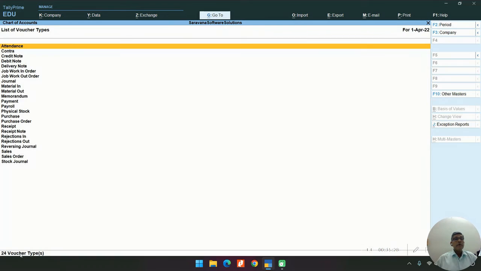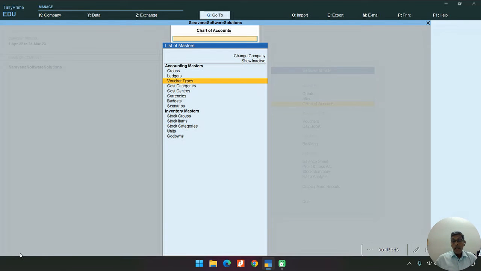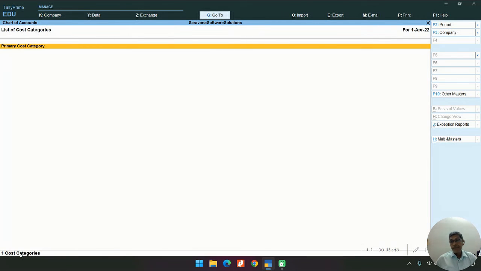Similarly, voucher types. There are 24 voucher types already predefined in Tally. If you want to create your own voucher type, it is possible to create one. Then cost categories.